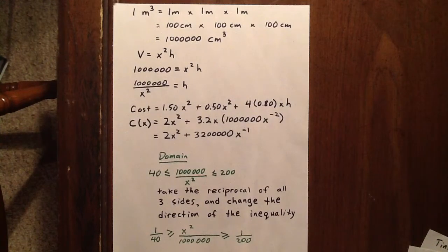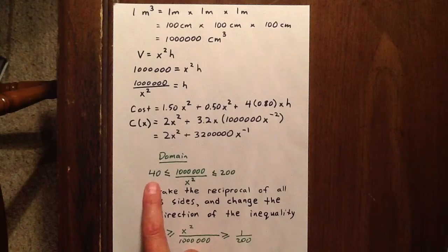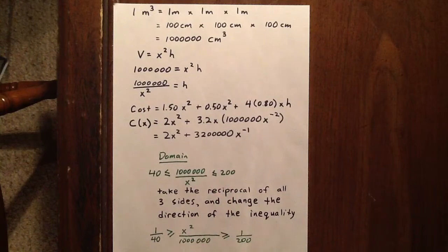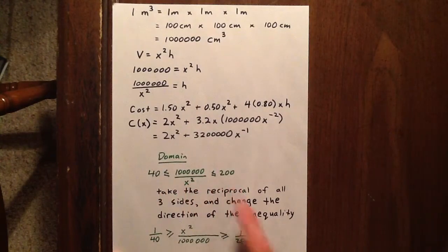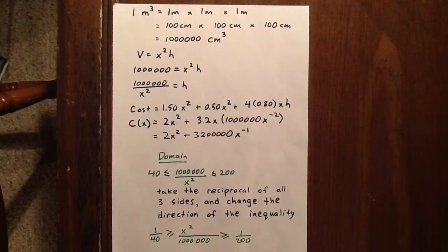What we're going to do is try to figure out what the domain is of x with respect to this formula. Well, we know that the height has to be between 40 and 200 centimeters. So 40 is less than or equal to h is less than or equal to 200 centimeters, and we sub in 1 million over x squared for h.